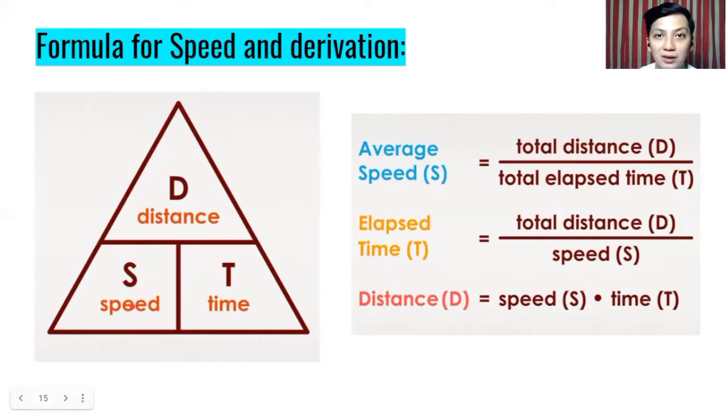Kapag speed ang hinahanap natin, just divide distance by time. If time is asked, distance divided by speed. If distance is asked in the problem, just multiply speed to time. Okay? So do not forget how we are going to derive the formula here.